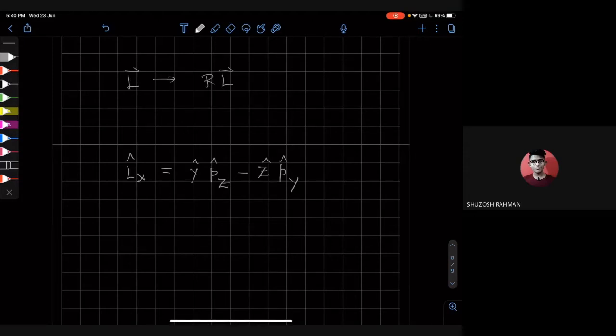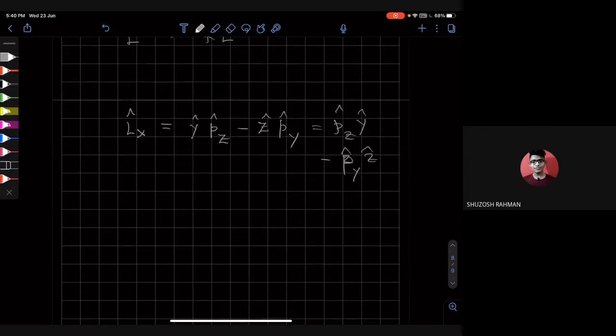Now, I could have written this as p z hat y hat, and the second term, I could have written it as p y z hat. Can someone tell me why? They're not commutative? No, they do commute.